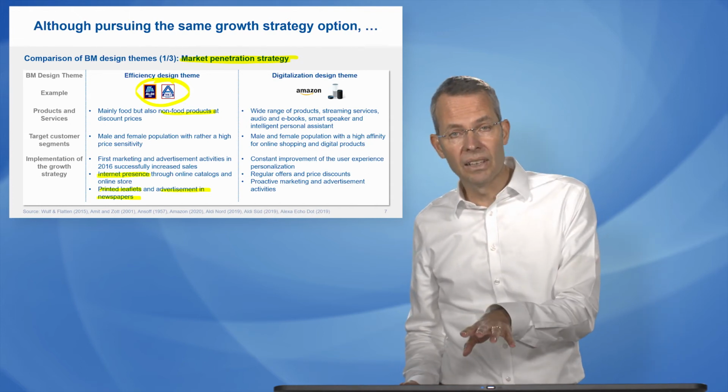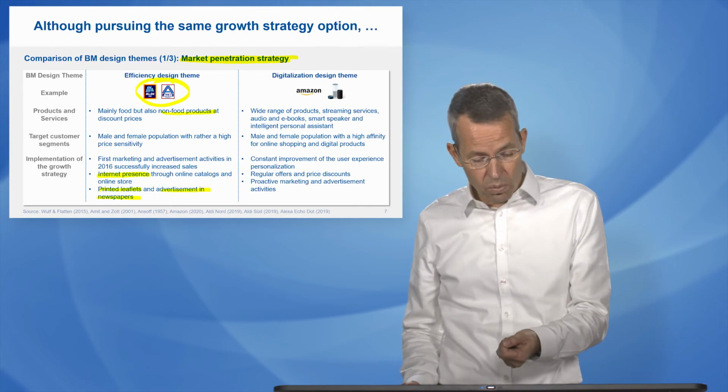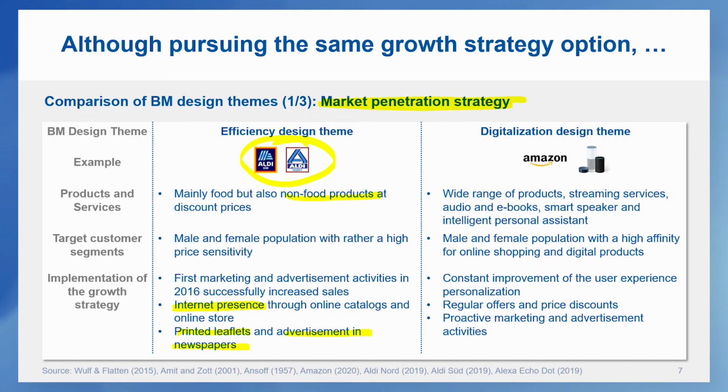If you look at Amazon, they did it in a different way. They didn't do it via marketing. They did it by having a higher user experience, especially through personalization. So they also have regular offers and price discounts, but they proactively market that via the website, and this website is personalized.